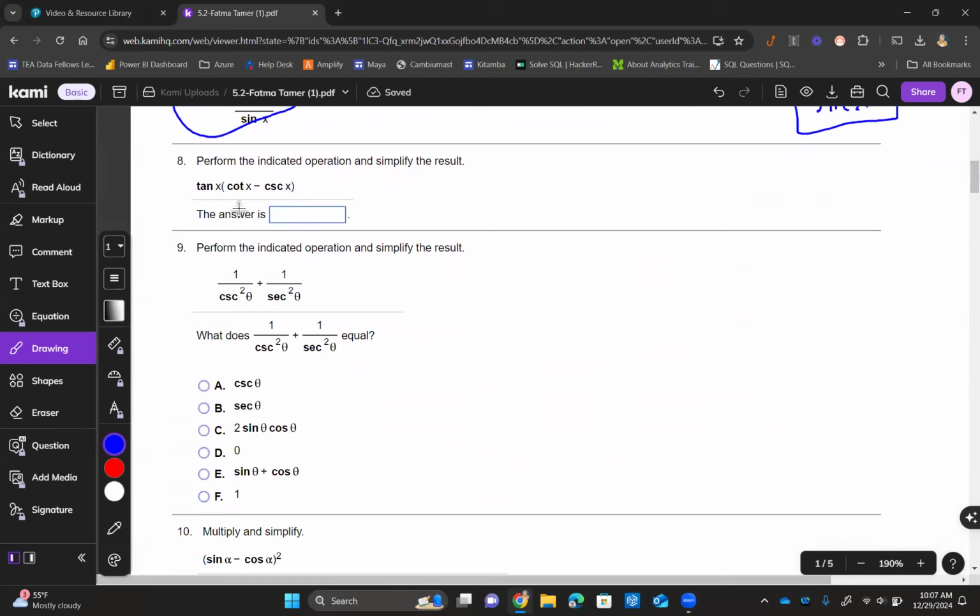Number 8, we're going to simplify tan x times cotangent of x minus cosecant of x. I would like to distribute before I change them in terms of sine and cosine. So when I distribute tan x over the parentheses, I will get tan x times cotangent of x minus tan x times cosecant of x.